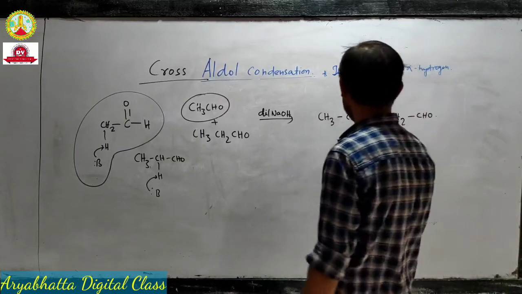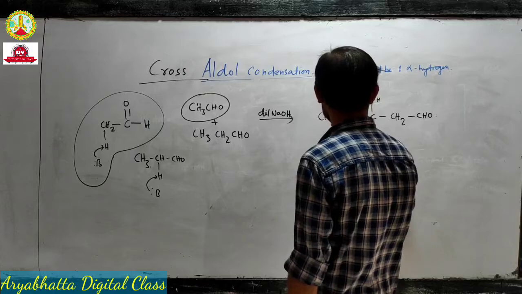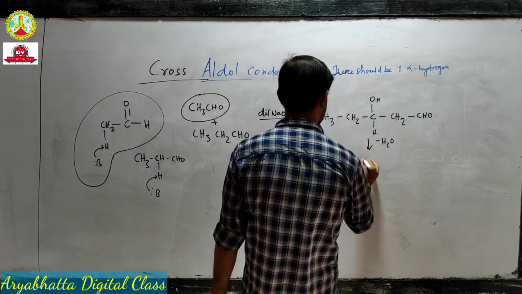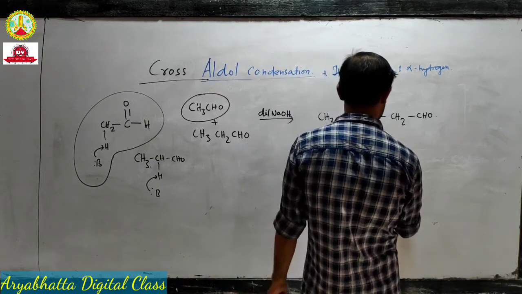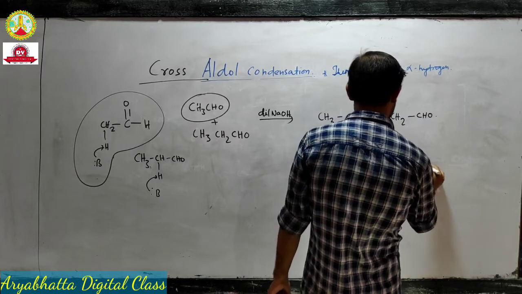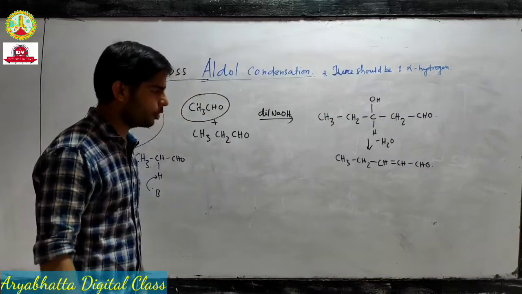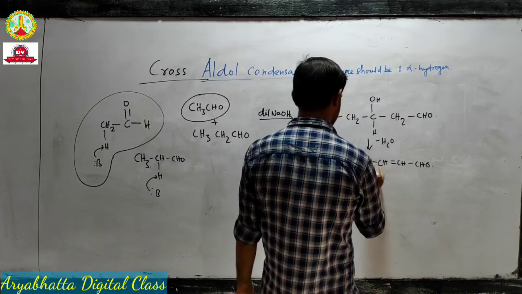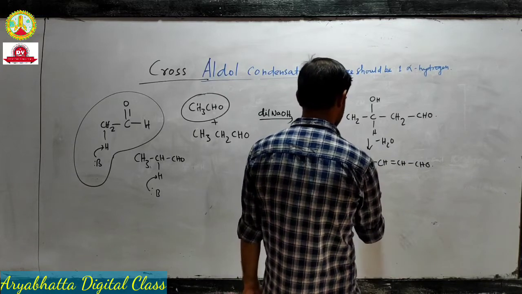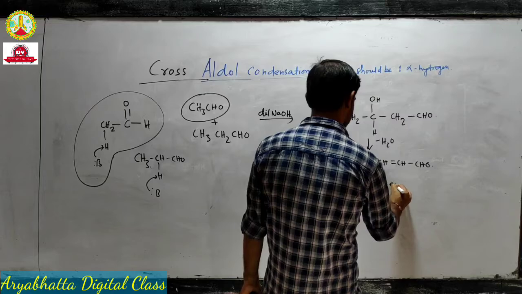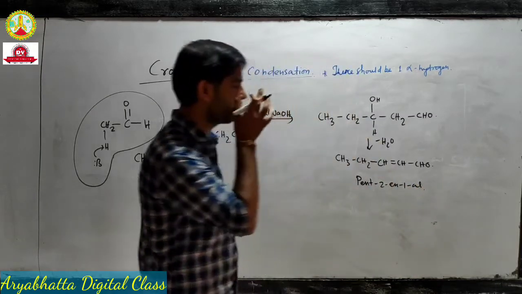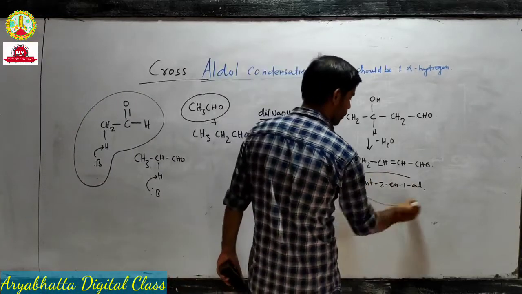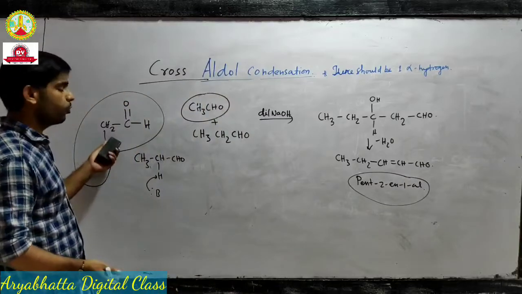After the elimination, what we will get? We will get this, so this is one of our aldol products, pent-2-en-1-al. So this is our product when hydrogen is removed from ethanol.